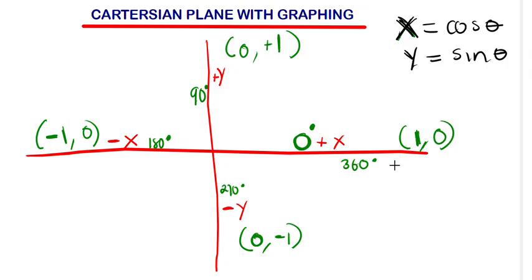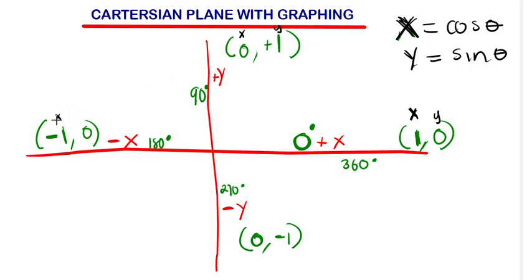Now, if you have this kind of illustration, you need to take note of this. So if I say cos 0, what is my x-axis? My x-axis is 1 and my y-axis is 0. Then at 90 degrees, my x-axis is 0 and my y-axis is 1.